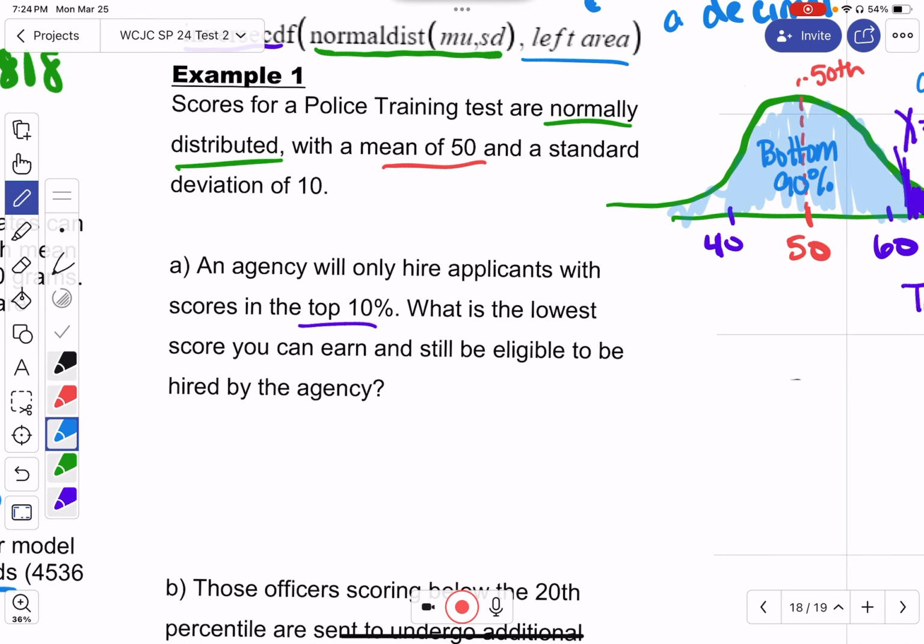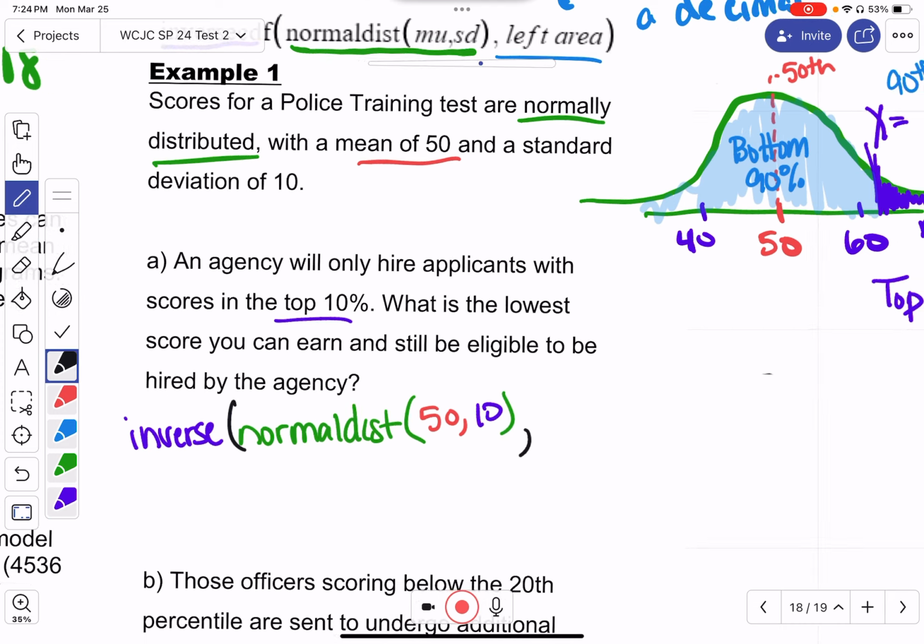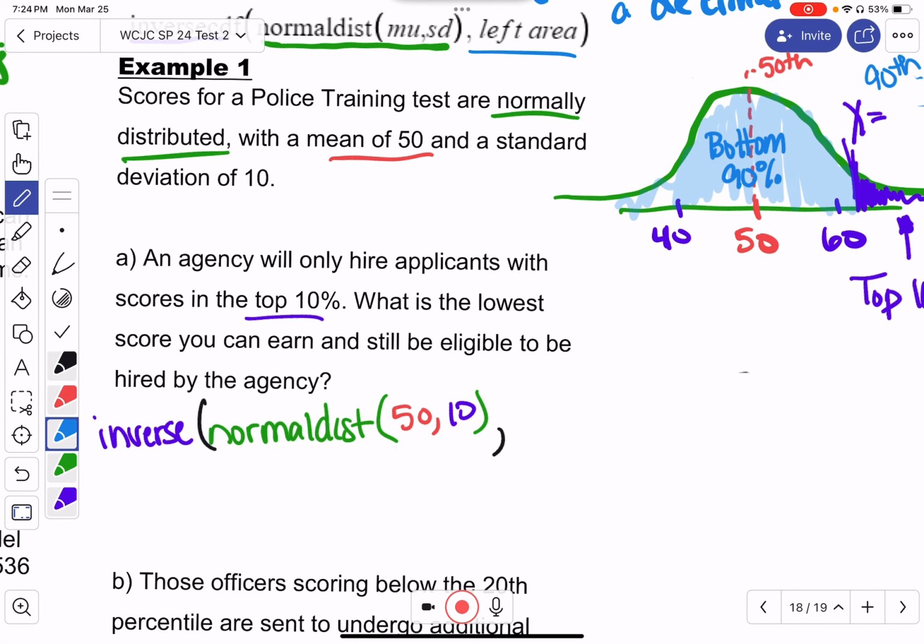In order to do that, I'm going to use the inverse function of going backwards. I've given you a percentage. Inside that, I'm going to nest the normal distribution with its mean and its standard deviation. Then I'm going to find the left tail area, which is the 90th percentile, so in this case it would be 0.90 as a decimal.